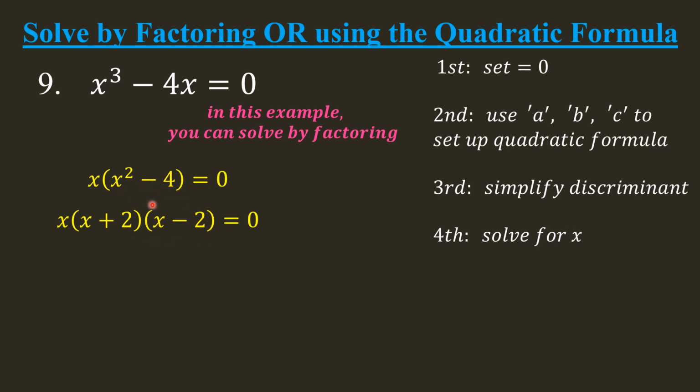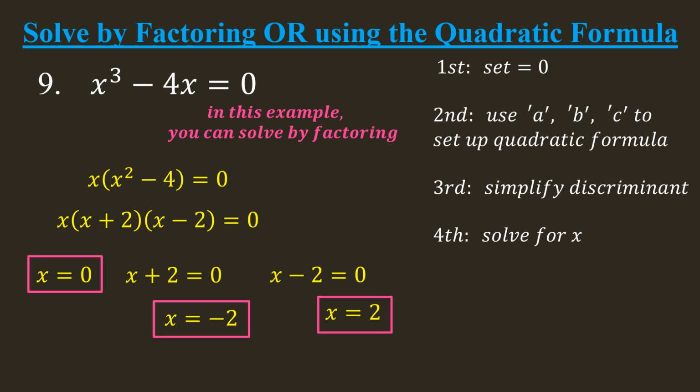That comes from factoring the difference of 2 squares, x squared minus 4. Then I can set all 3 of those factors individually equal to 0 and solve for them separately. x will equal 0. x plus 2 is 0, so x equals -2, and x minus 2 equals 0, so x will equal 2.